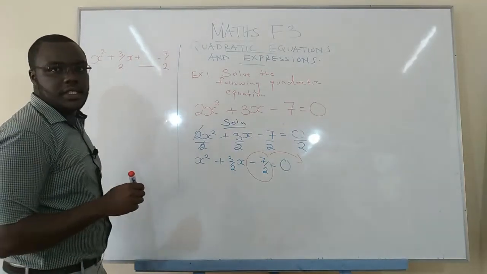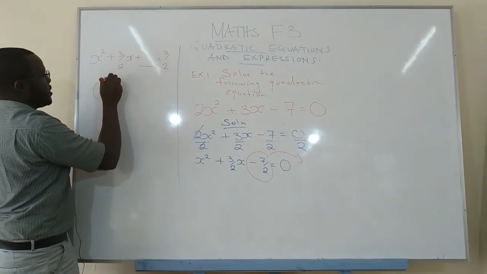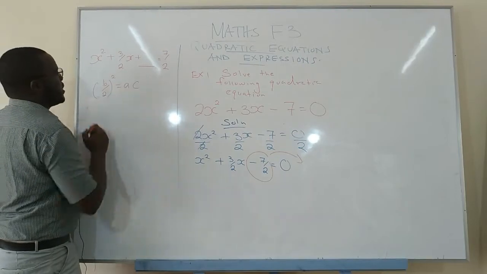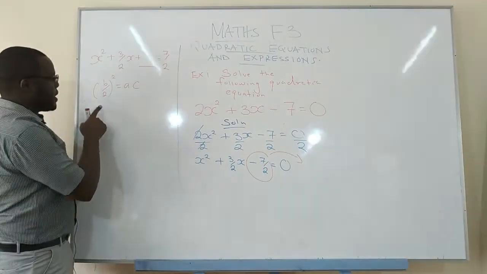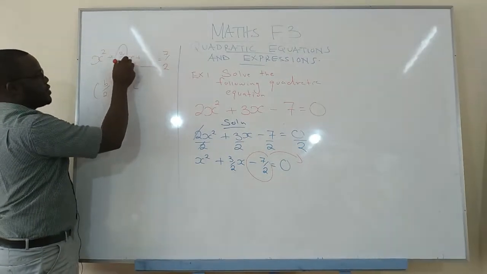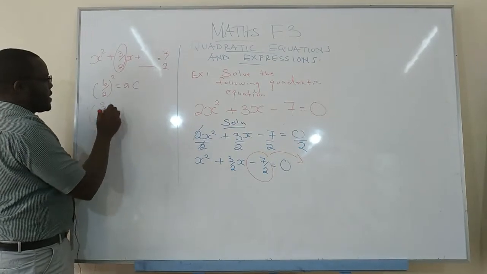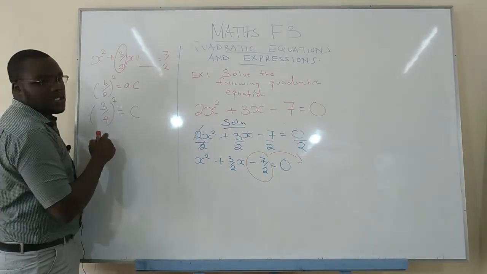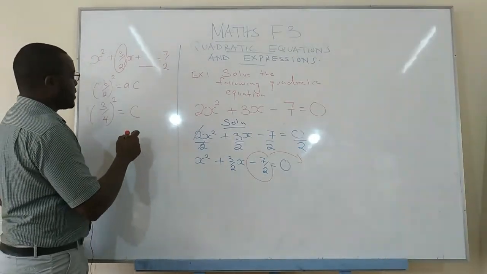So we complete this c, and we know that (b over 2) squared is equal to c. Therefore, I take the value of b, which is 3 over 2. So what is 3 over 2 divided by 2? It becomes 3 over 4, squared, is equal to c, since our a is equal to 1. Therefore, I come and substitute it here.